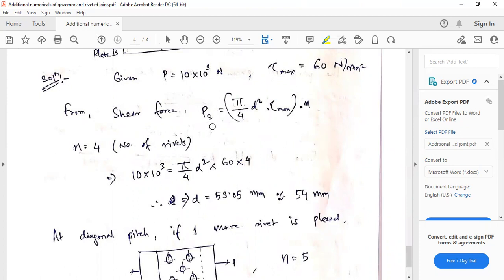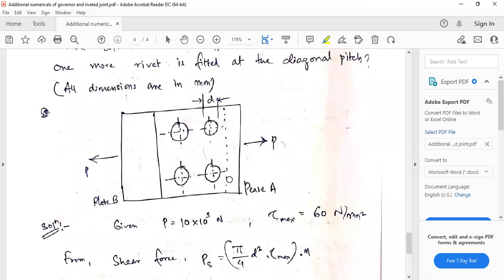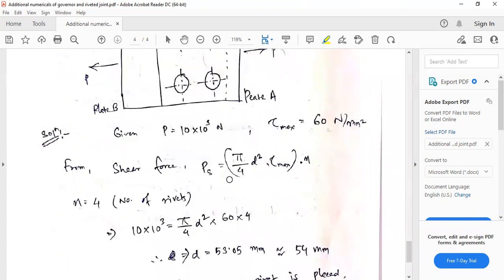So P, this is the pulling force here that is causing the shear. So shear force is 10 kilonewton, which in Newton is 10,000, equal to pi by 4 d square multiplied by 60, where 60 is the value of tau max, into 4, where 4 is the number of rivets.